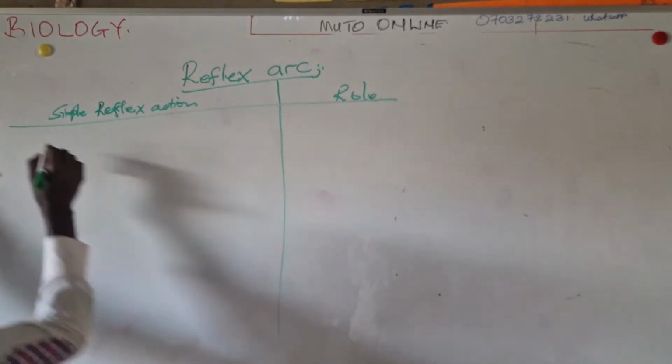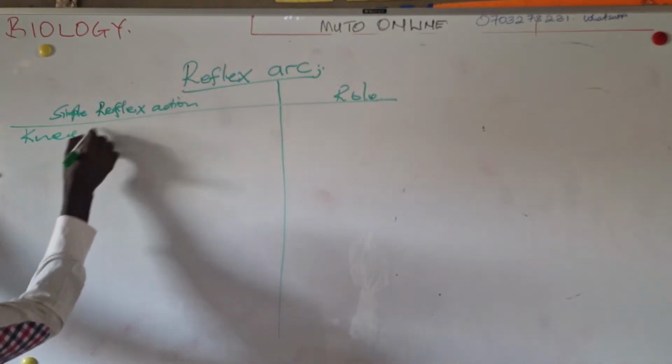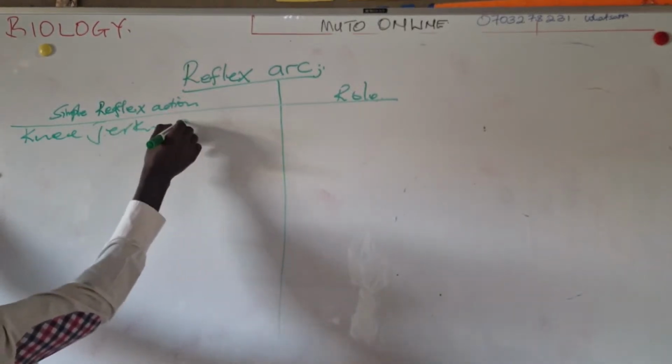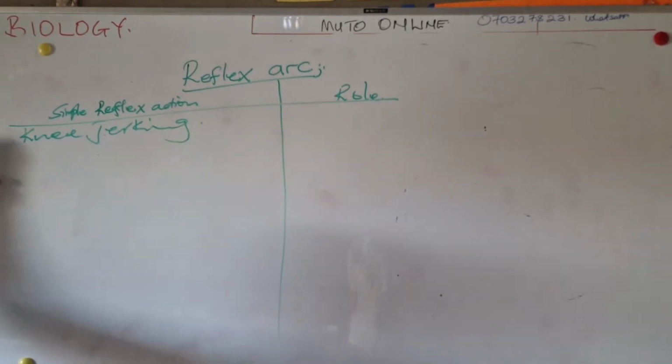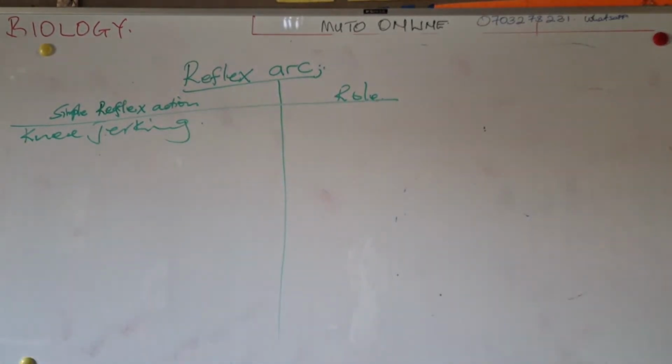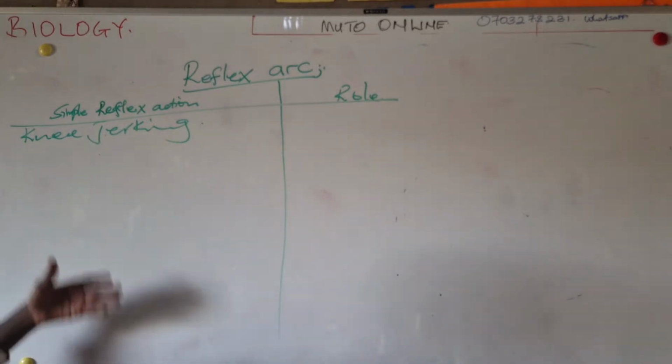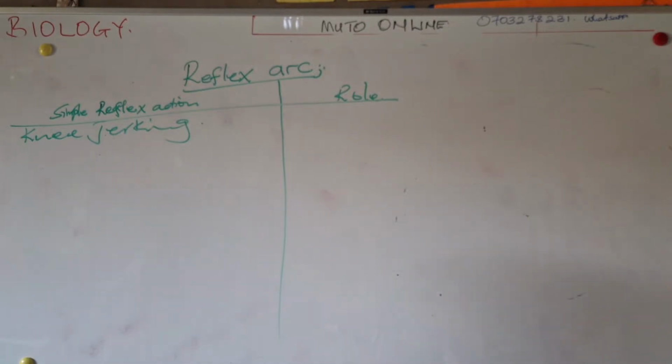Let's think of knee jerking. Which role does this knee jerk contribute? What is the function? Why should a knee jerk when touched? How is that important, people?